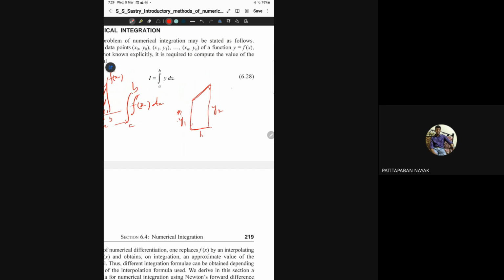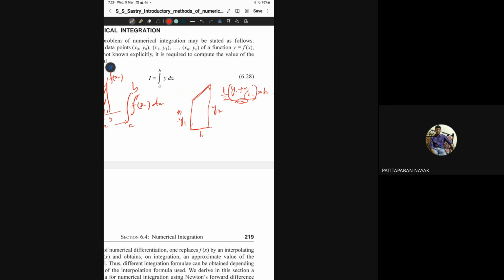So the area will be half into y1 plus y2 into h. Now, what is y1 and what is y2? This is basically your f(a) plus f(b), isn't it? f(a) plus f(b).